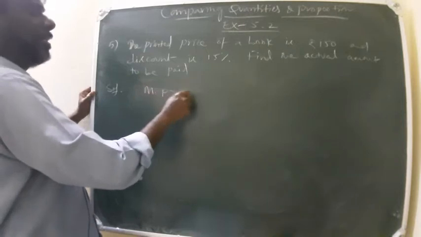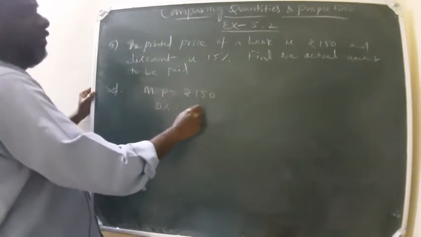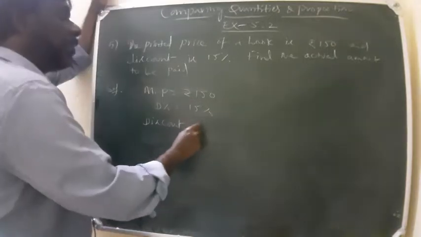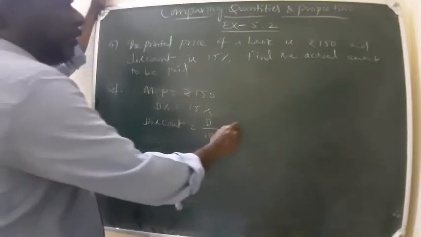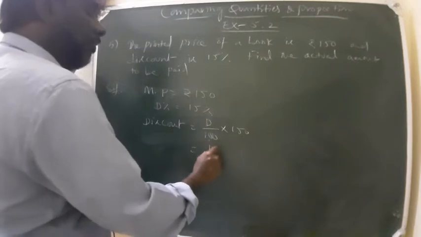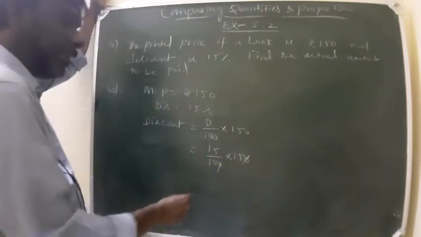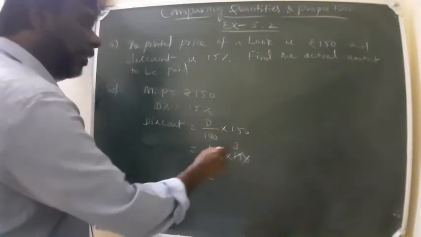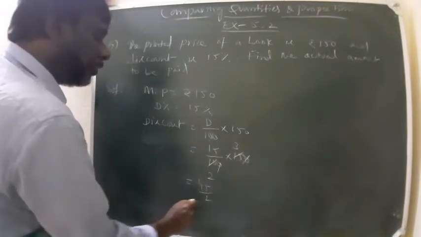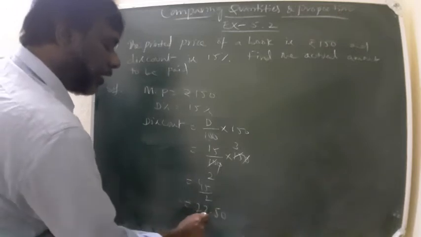So market price is given, rupees 150, discount percent is 15%. Discount equals D by 100 into market price. 15 by 100 into 150. 0, 0 cancel. 5 table, 5 2s, 5 3s. 45 by 2, that is 22.50.